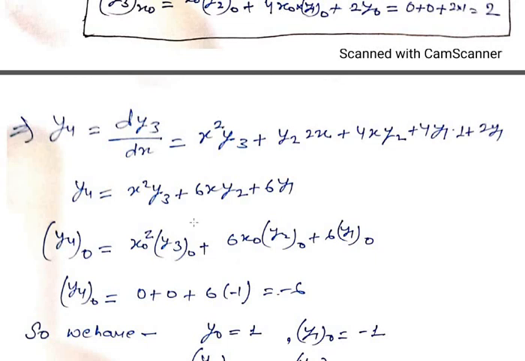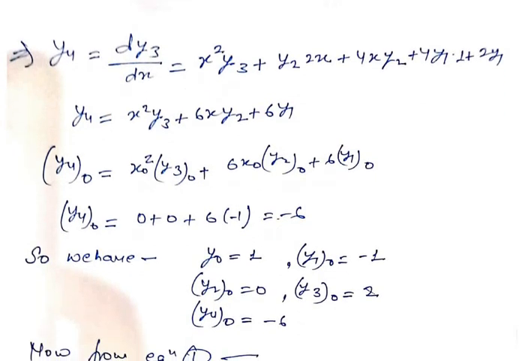Now y4 at x is equals to 0 will be what? x0 square plus y3 at 0, 6x0 y2 at 0 plus 6 y1 at 0. We know y1 at 0, we know y2 at 0, we know y3 at 0, we know x0. Put all the values over here and we get y4 as -6.